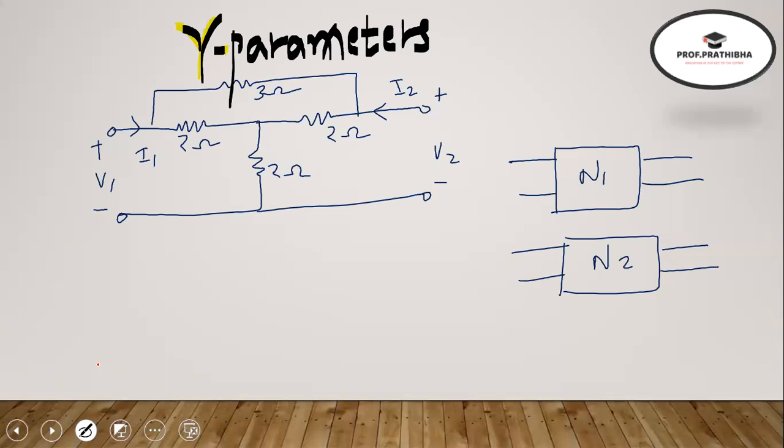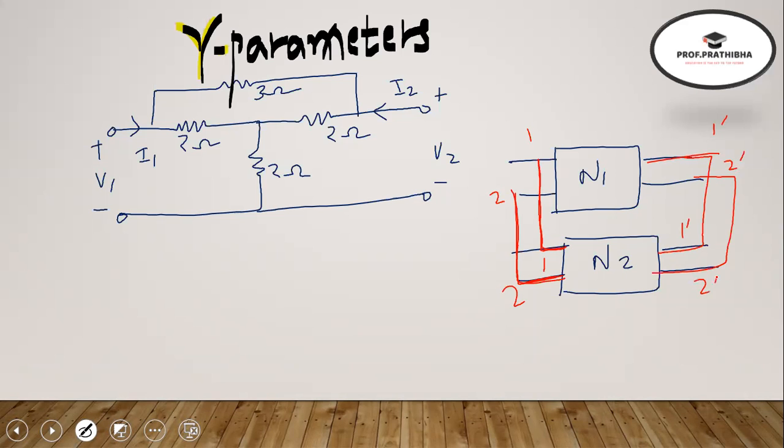Now, if I take one network from here and connect it to this one, and I take this network and connect it to this one, so I take the output of this one and connect it to the output of this, this is called parallel. This is the connection in front of you in this circuit. The one of this goes to the one of this. The two of this goes to the two of this. The output one, let's call it one dash, goes to the one dash of this, and two dash goes to the two dash of this.